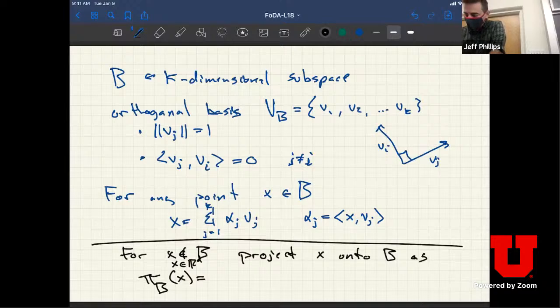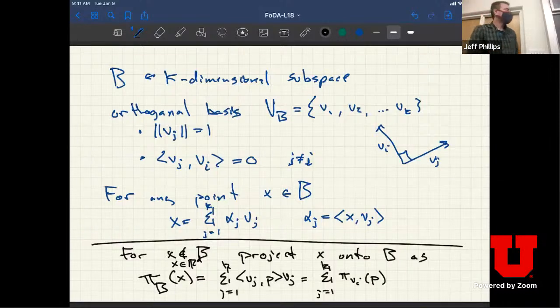Write this exactly the same way, the sum of j equals 1 up to k of the projection onto Vj of x.